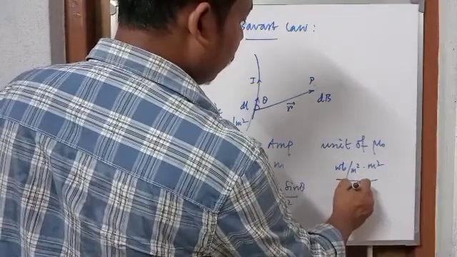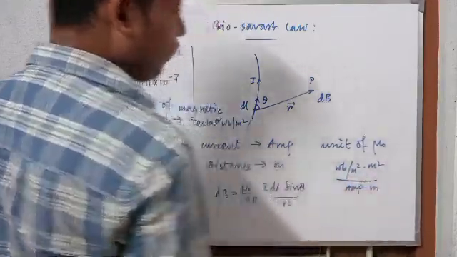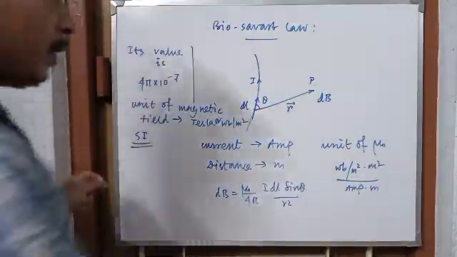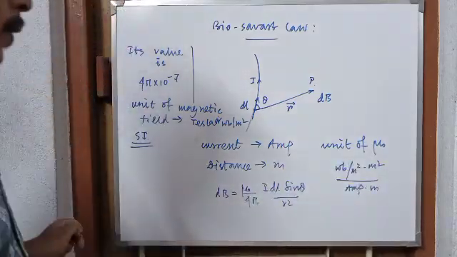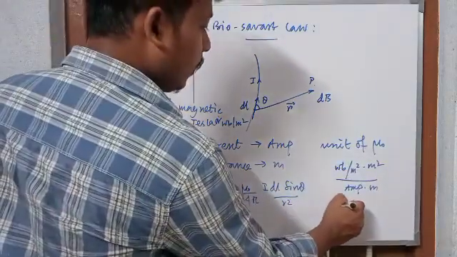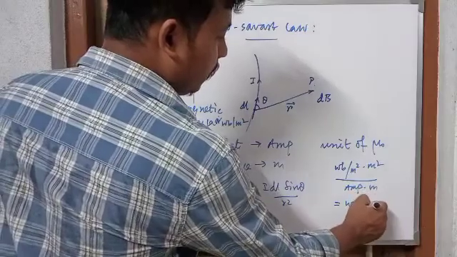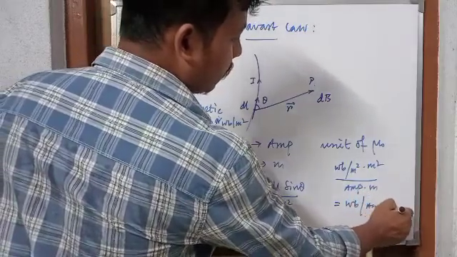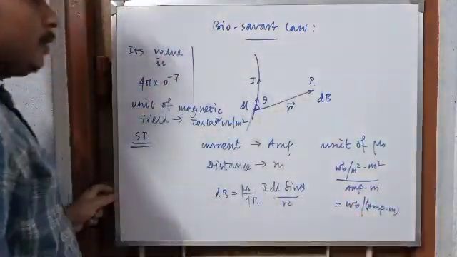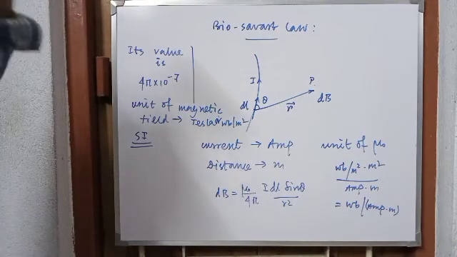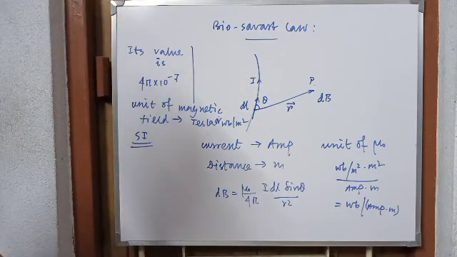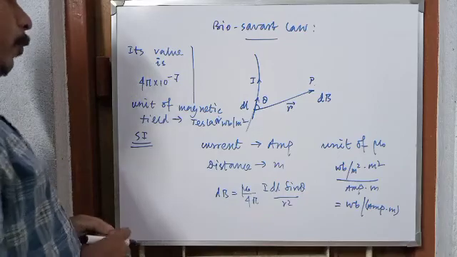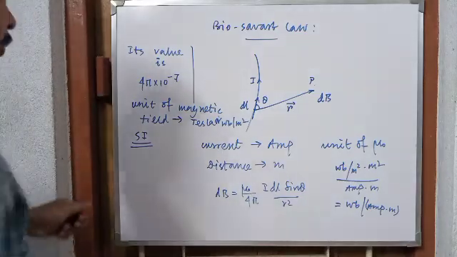I means ampere, dl means meter. So this meter square cancels. So now it will be Weber per ampere meter. This is the unit of mu naught. Now the dimension.